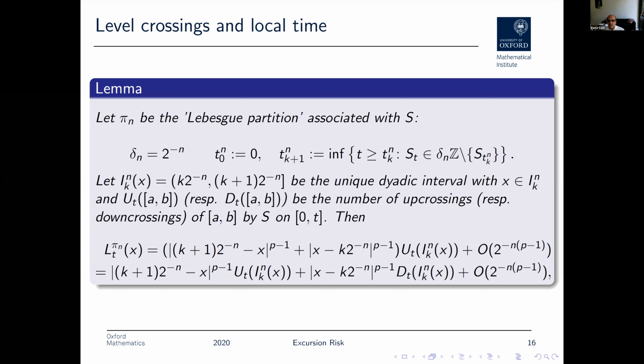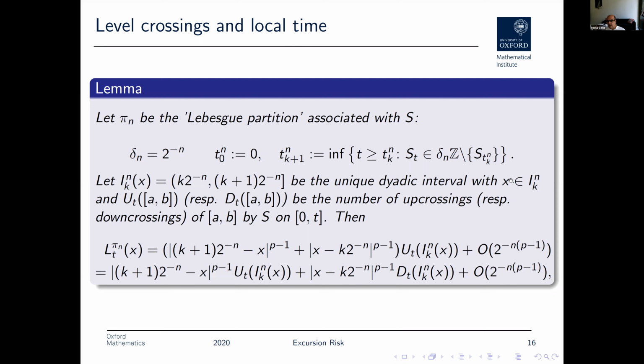So what's the statement? Now we're going to look at a specific partition just to fix ideas. It's again the Lebesgue partition. You look at the sequence of hitting times of levels distanced by delta n. We're going to look at the level x. For each n, x is inside of some dyadic interval, which we call I_n of x.